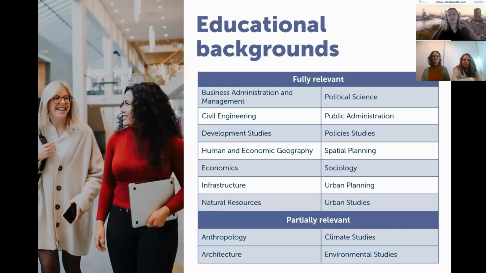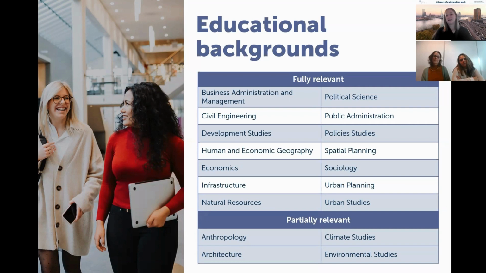And a bit about your educational background. So as you can see, we have a lot of different fully or partially relevant backgrounds. As I mentioned, we really try to keep this program very diverse in terms of education background. So you could be a civil engineer or have a bachelor's in sociology.